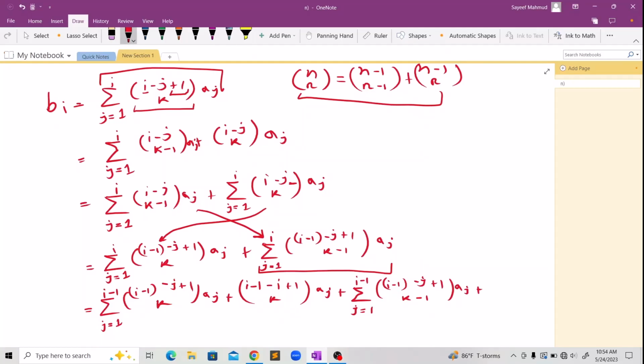So, if j is equal to I, then we get minus I, this times aj.